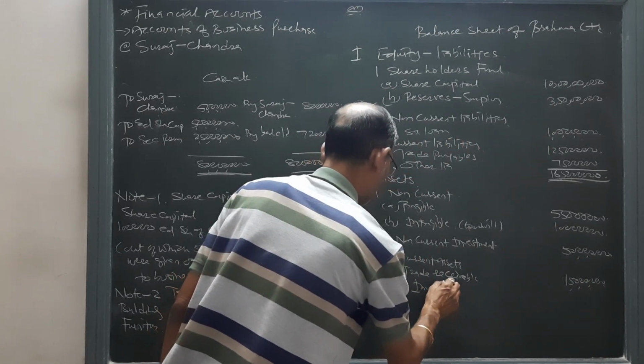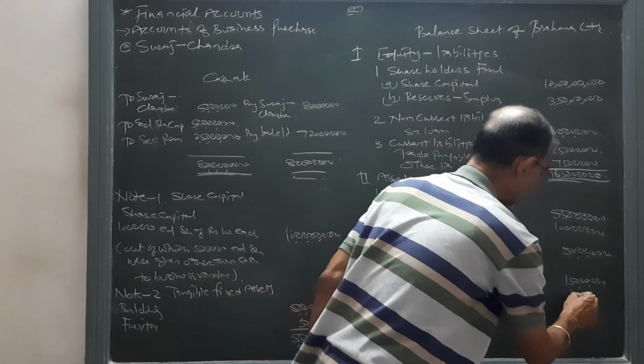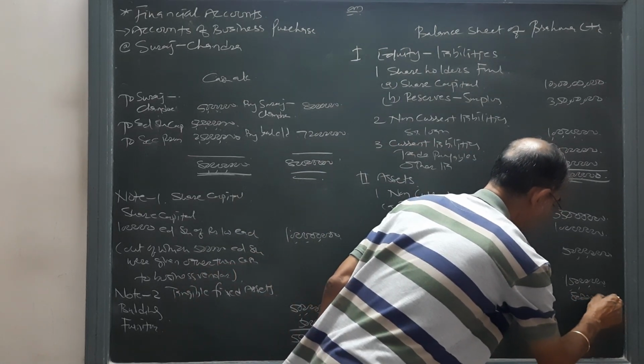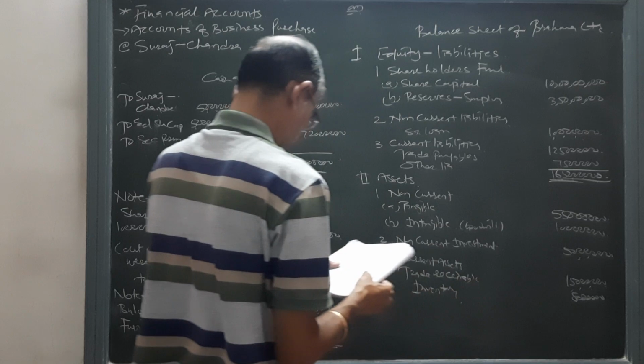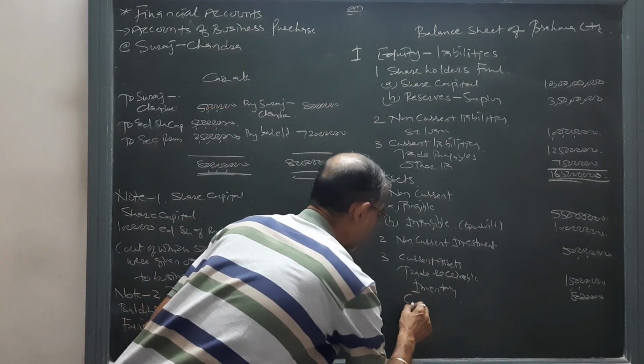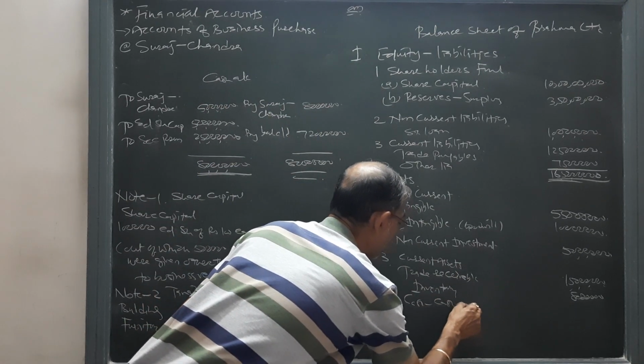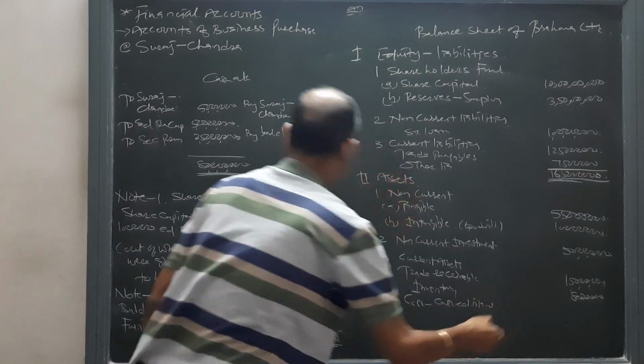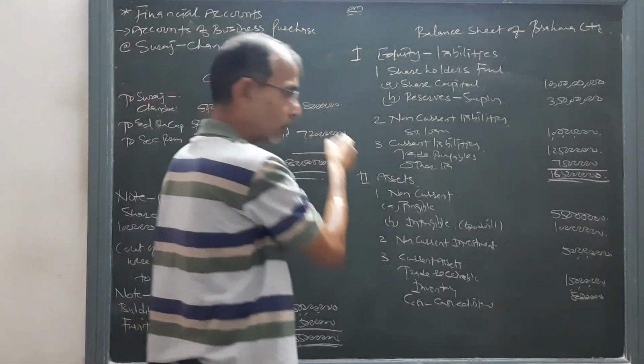Inventory, that was 80 lakh. Then after cash, that will be taken 7 crore 20 lakh.